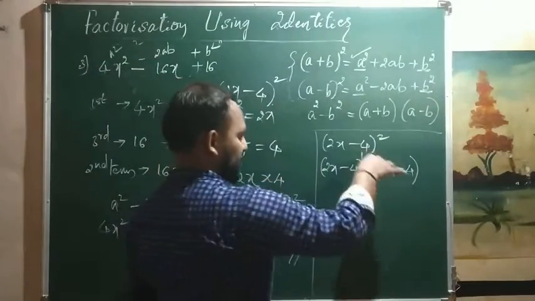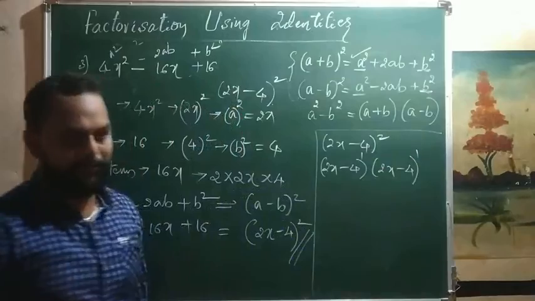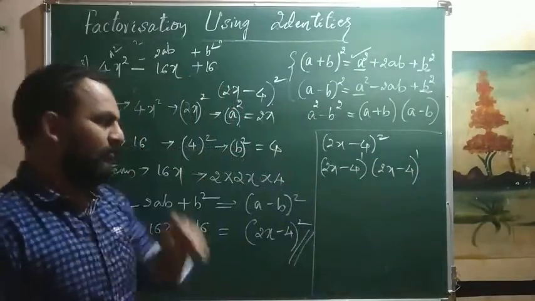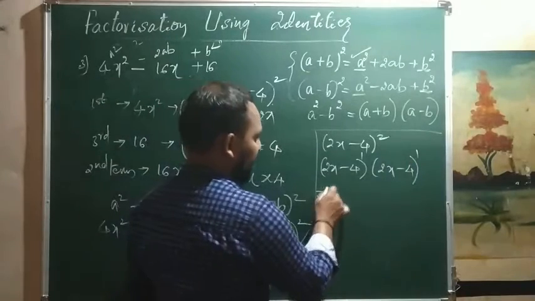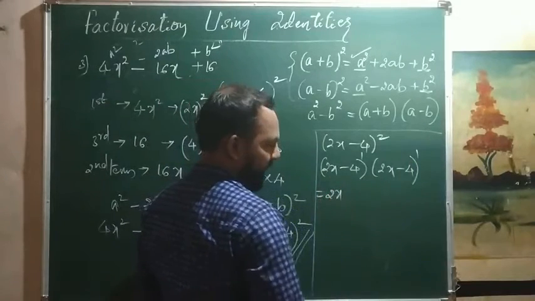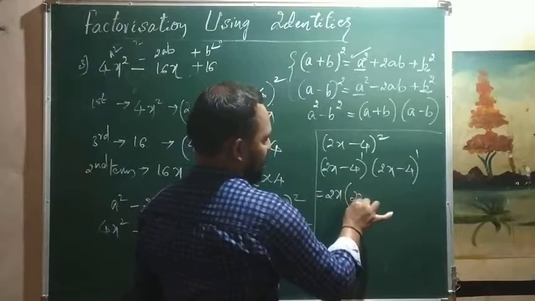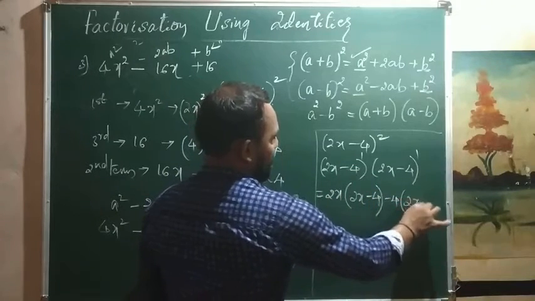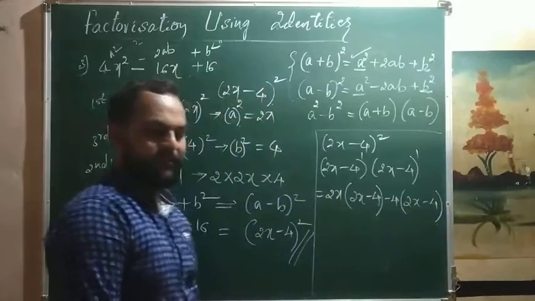Okay, the sign here, the power of the binomial is 1. Here multiply the first binomial and second binomial, 2x minus 4, 2x minus 4.